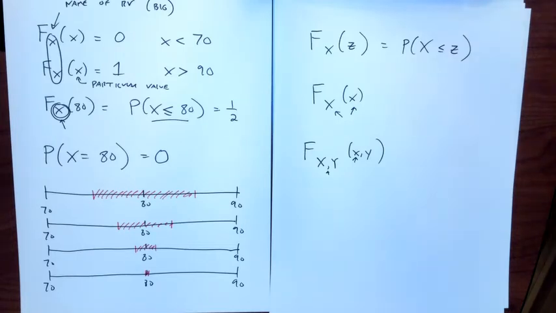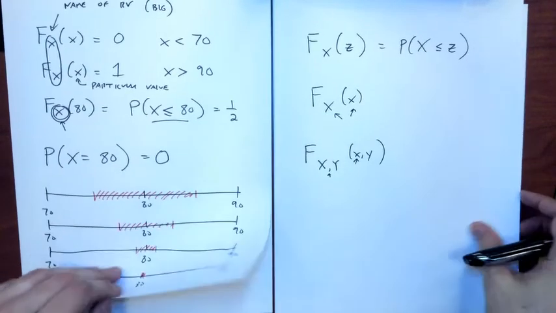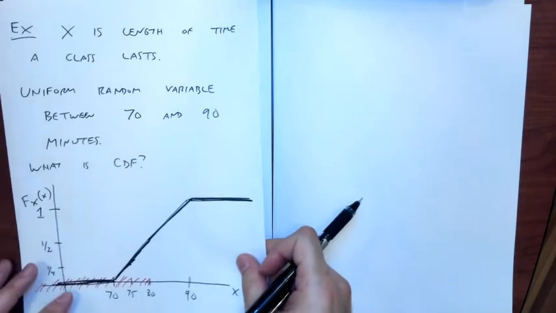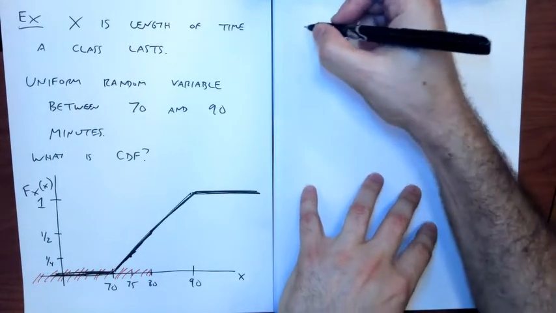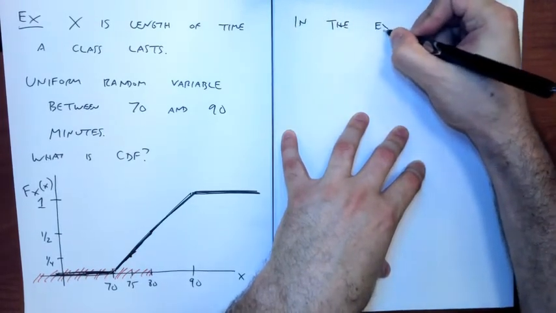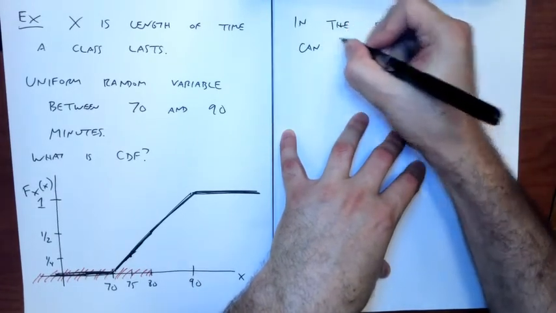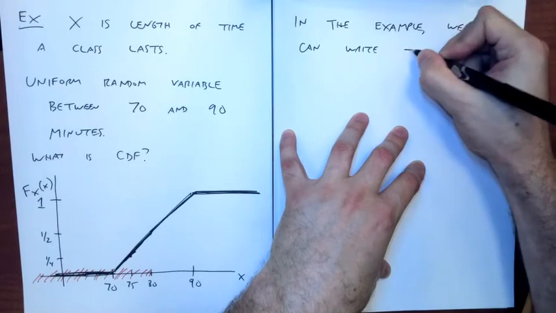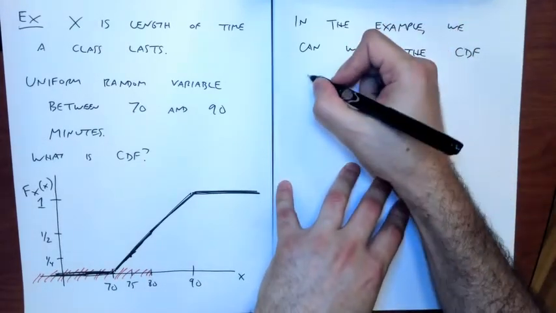So let's go back to the CDF with the uniform random variable, okay? So I had a picture. Let me go back to it. So for example, here, now I could write down this equation of the CDF, right? So in the example, we can write the CDF as an equation.